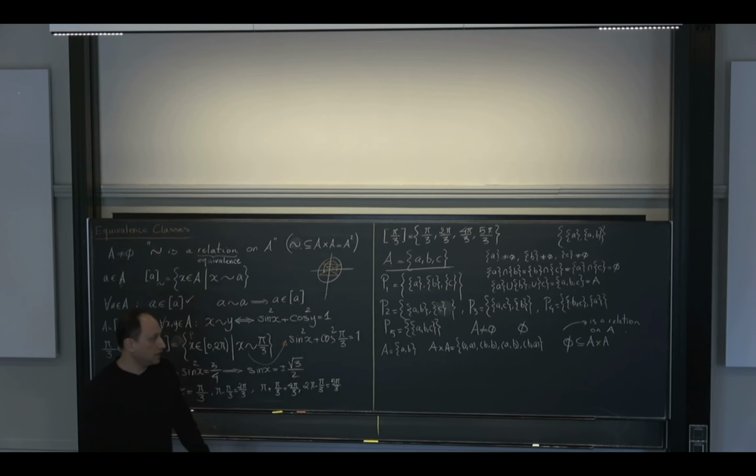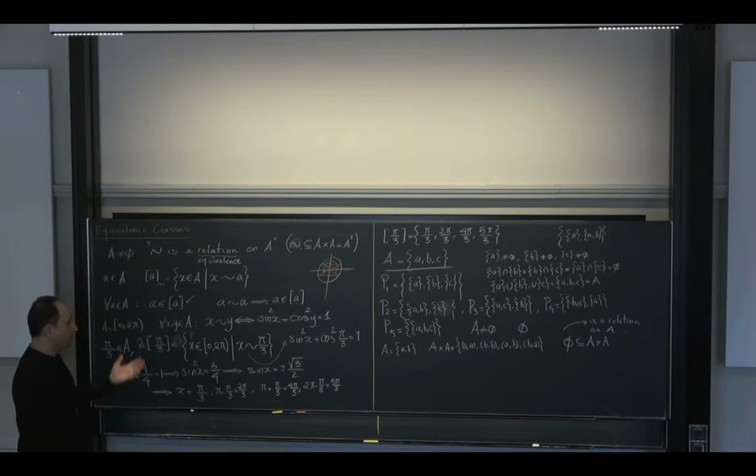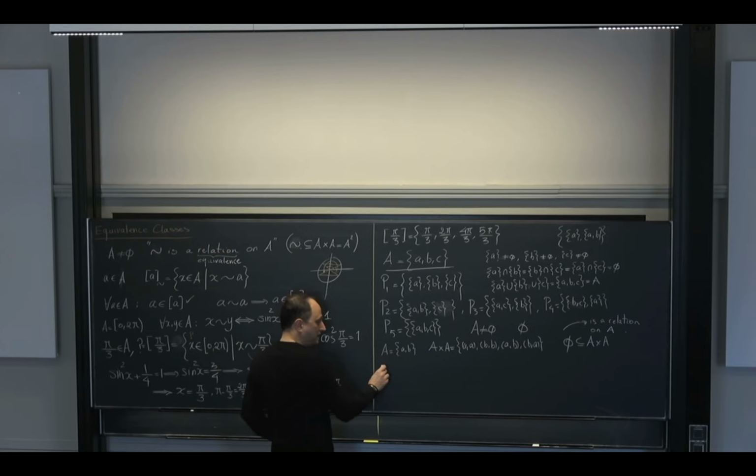But my question is, do you think empty is reflexive? What is the meaning of being reflexive? Every element is related to itself, from the original set. So it is reflexive if A is related to A and B is related to B. But do you remember what was the meaning of this notation?